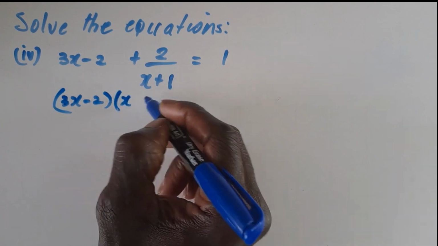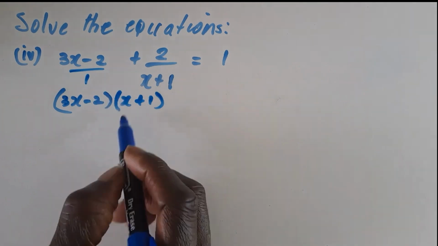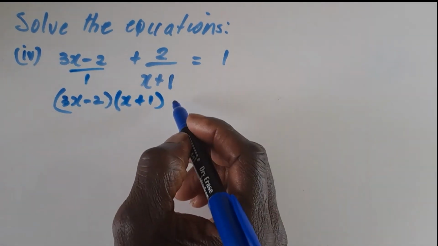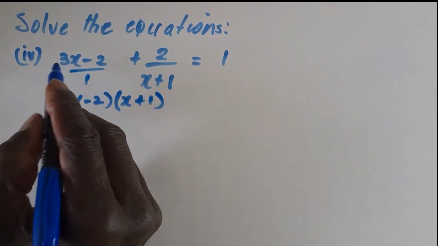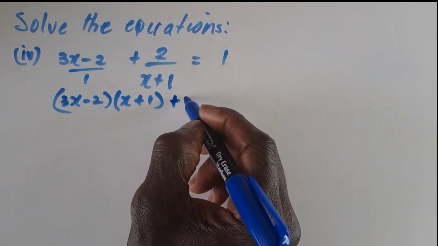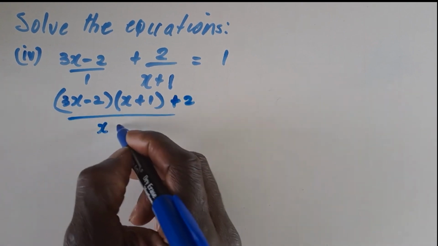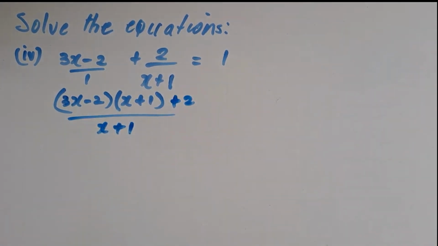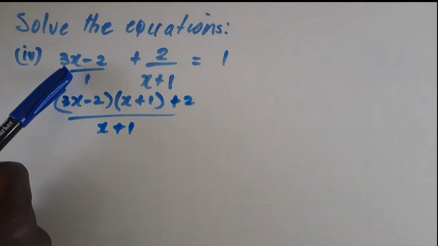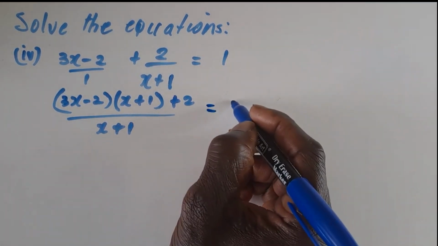So we have x add 1. Remember, this is over 1, so it's 2 times 1, which is 2. So this times this added to 2 times 1, which is 2, over x add 1. So now we've combined both of these two as one fraction with a common denominator. And this is equal to 1.